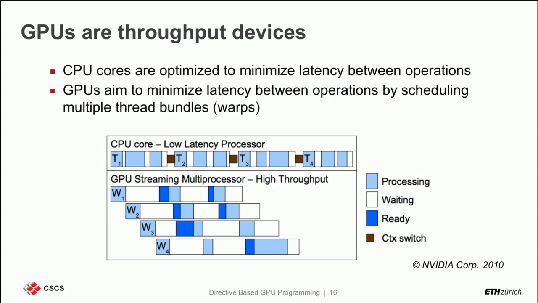Okay, you have caches, but they're not as efficient as on the CPU. So how do you hide what you cannot hide with a cache? You hide it with more parallelism. So I'm running this, and while I'm waiting, I'm going to schedule the rest of the threads to run.